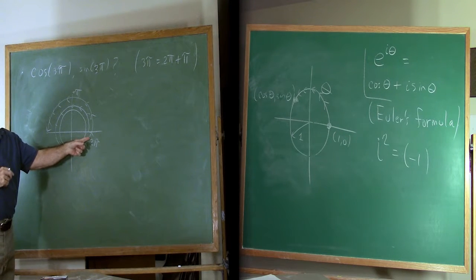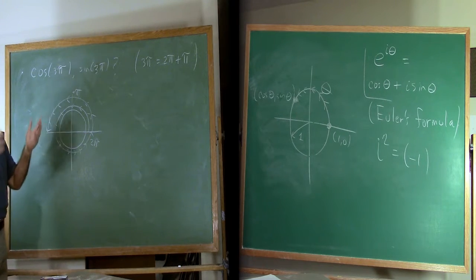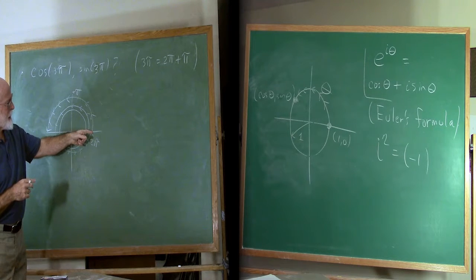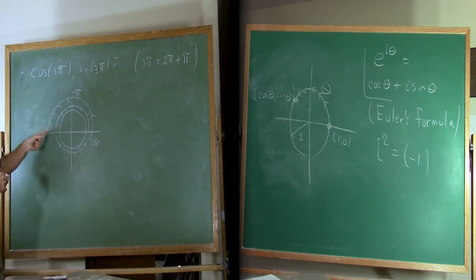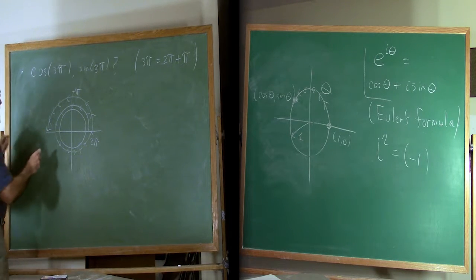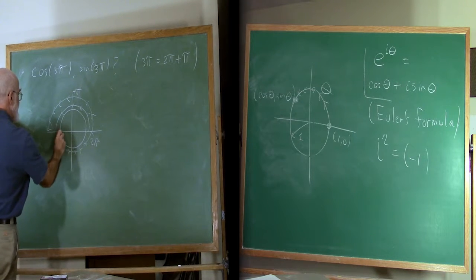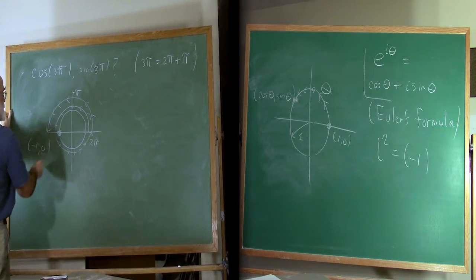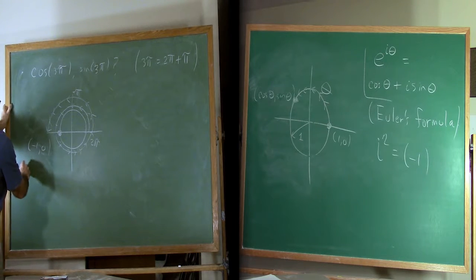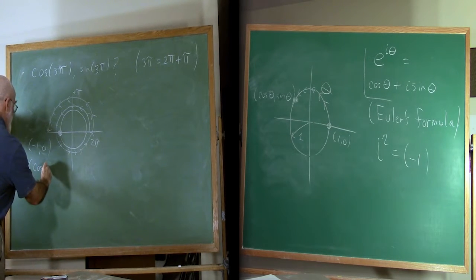Now the 2 pi had no influence at all. It just took us back where we started. We've lost all memory, all consequences of that traveling. All that's really making a difference is that final half circle pi. That sure looks familiar. We're back there at -1, 0. That's the corresponding point on the unit circle. So that's going to give us our cosine and sine.